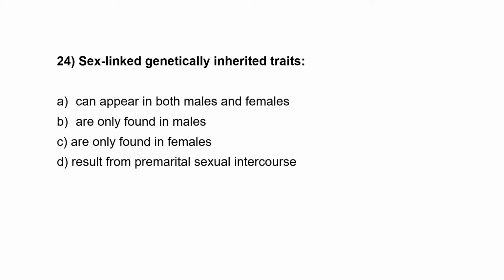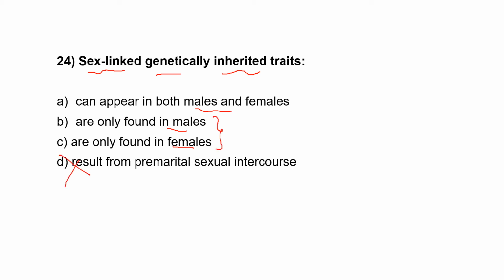Okay, this is a very interesting question. Sex-linked genetically inherited traits can appear in both males and females, only in males, only in females, or result from premarital sexual intercourse. Definitely this last one is wrong.